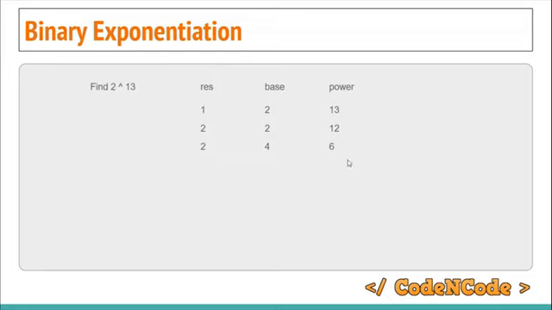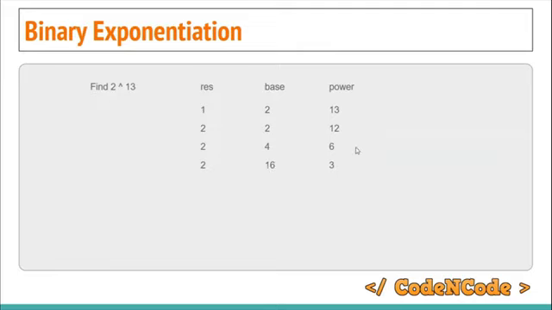Same goes here. If you had to calculate 2 raised to power 12, you have to run a loop from 1 to 12, but now we have to run a loop till 6 only, not till 12. Now again, 4 raised to power 6 is same as 16 raised to power 3. You see, the result variable is not being changed, only base and power are being changed.